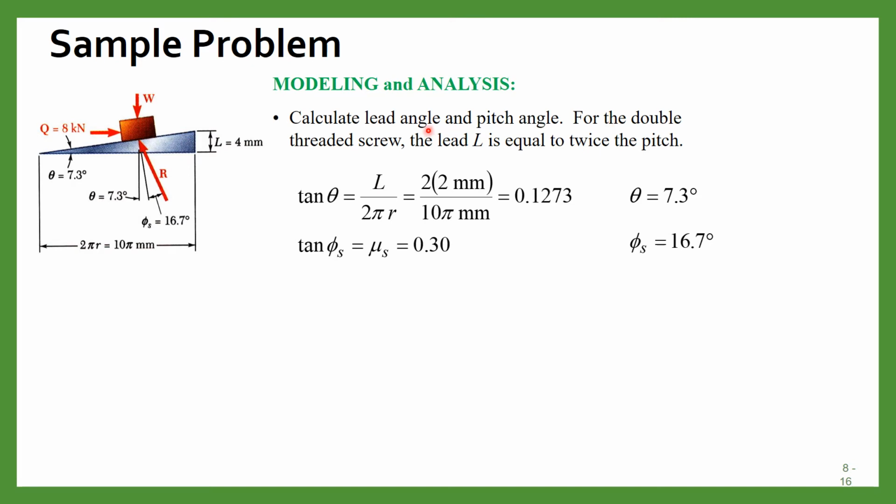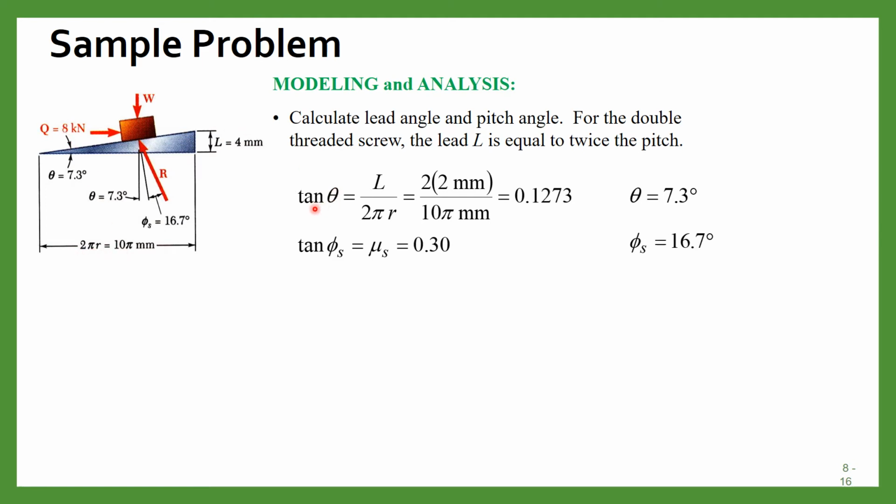Now for calculating the lead and pitch angle for a double threaded screw, the lead is equal to twice the pitch. Pitch is given as 2 mm, so we will take lead as 4 mm. So this L is equal to 4 mm, and this length in the horizontal direction will be 2 pi r, as we have already discussed. That will be 10 pi because r is 5.